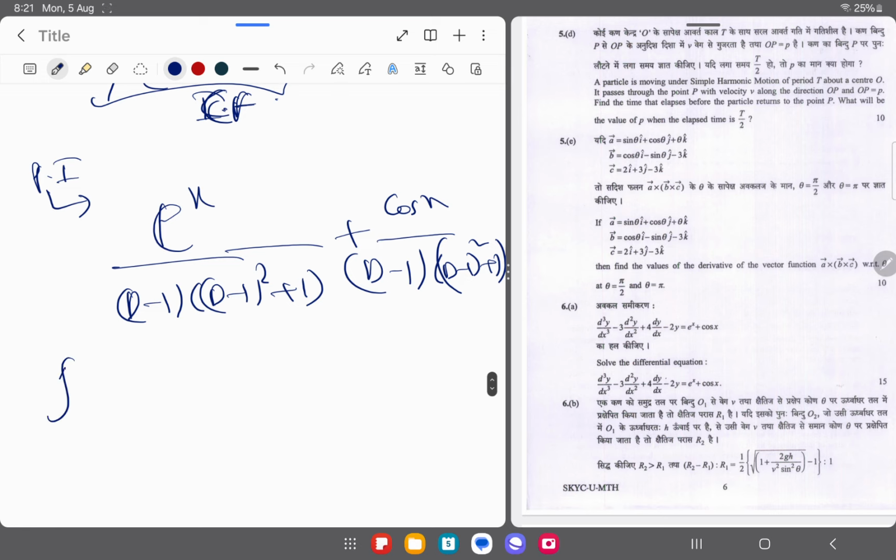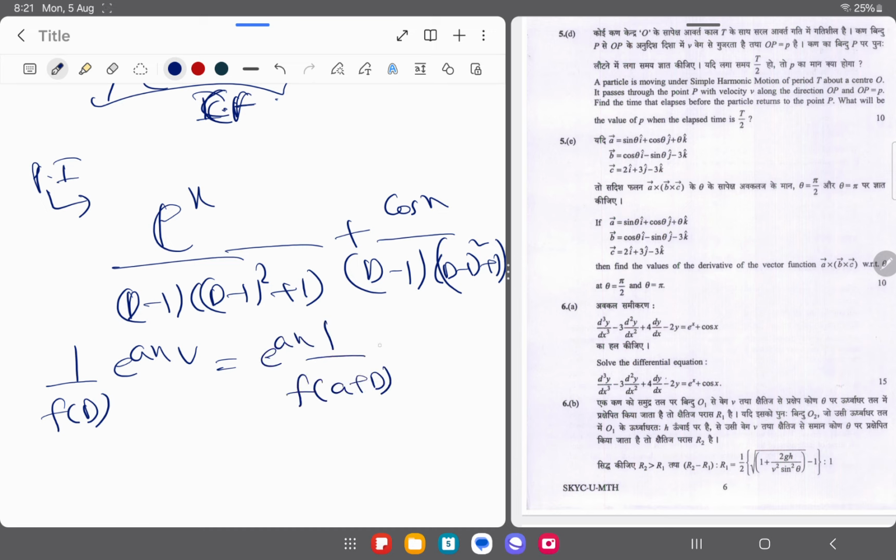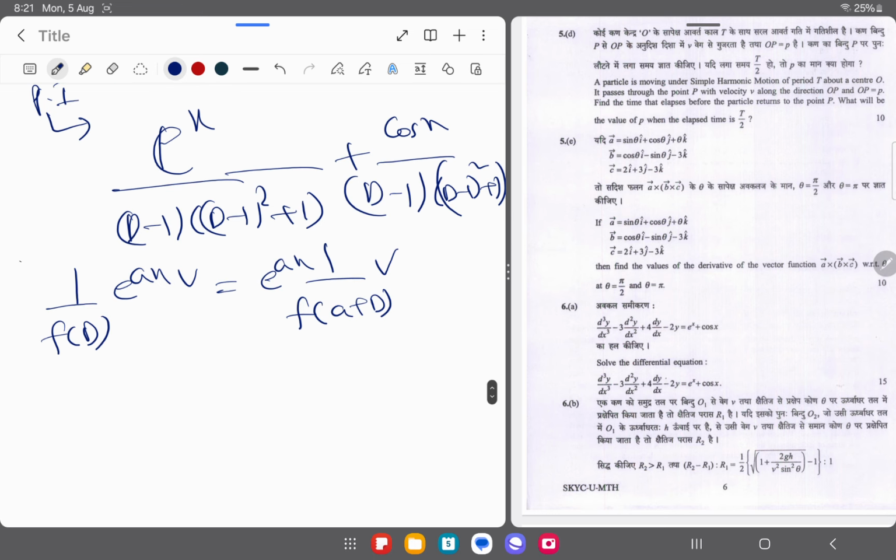See, we know that 1 by f(D) e power ax V is equal to e power ax into 1 by f(a plus D) V, right? We know that from the known result, right?